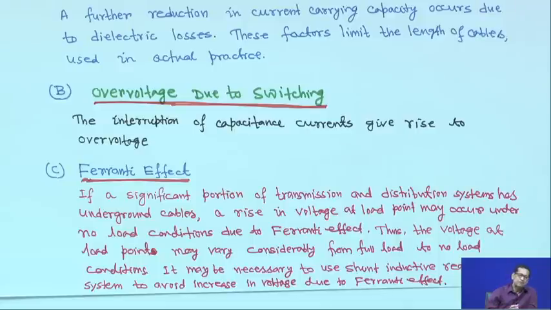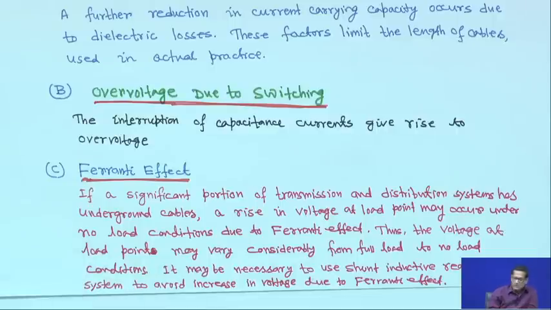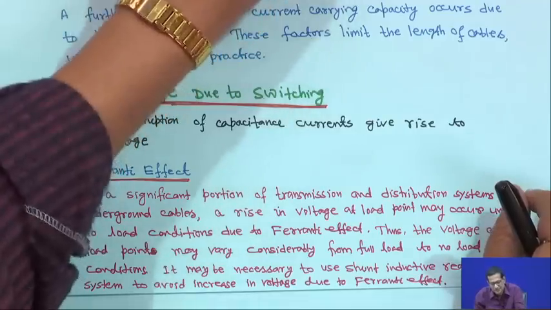Otherwise, you have to put shunt inductive reactors such that they compensate the reactive power injected by the shunt charging capacitance, right. So, that is why the shunt inductor is required, such that they compensate each other. In the power system analysis course, I have briefly told you what the Ferranti effect is. So, these are the things you have to consider.